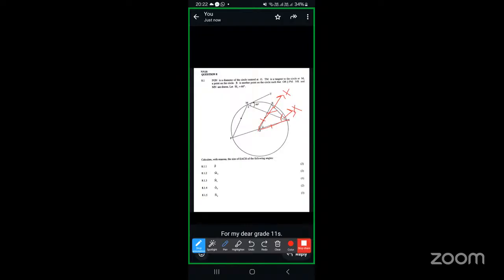Therefore, we are saying angle O2 plus angle R plus angle ONR there at N, that thing as a whole gives us 180 degrees. Do you guys agree to this?